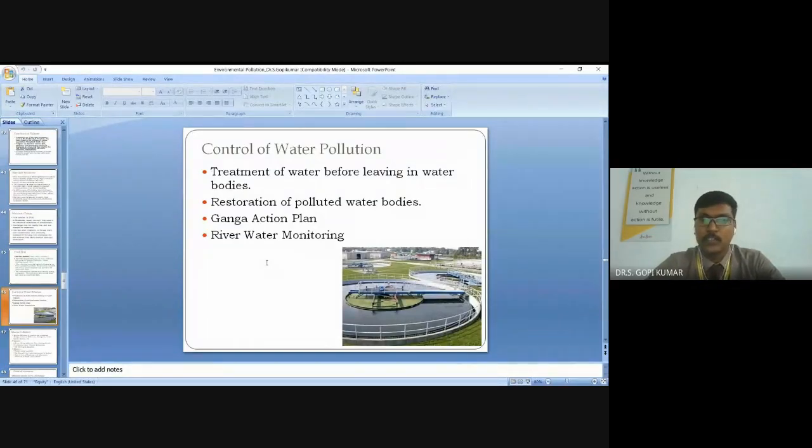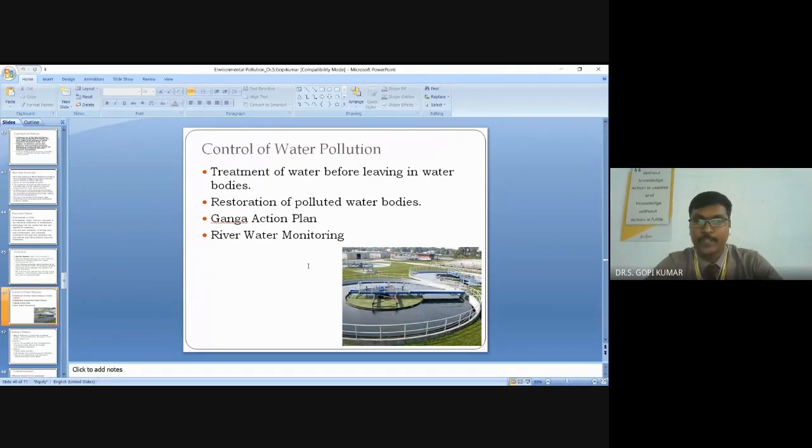And in this case, control of water pollution: treatment of water before releasing it into water bodies. When we move on to control of water pollution, a proper measure should be practiced before spilling waste materials.